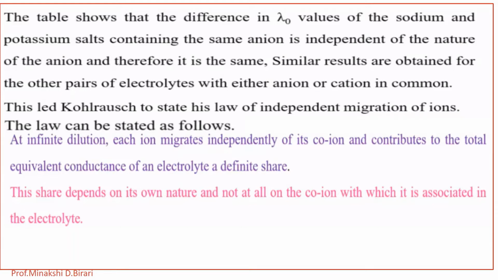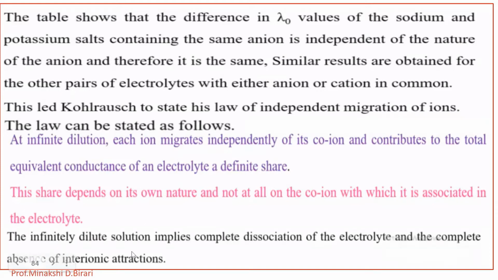In short, the equivalent conductance at infinite dilution of the electrolyte should be the sum of the equivalent conductance of ions composing the electrolyte under similar conditions of temperature and solvent.